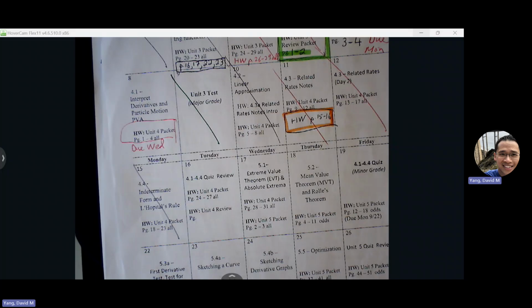So this unit is just going to be a quiz unit. We're not going to have a test on this unit. It'll just be a quiz, and we'll have that quiz that first week of October. Does anybody know what the significance of this unit is in terms of where we are in the AB curriculum? This halfway point. Yeah. So after this, we're done with first semester AB topics, and we're moving on to antiderivatives.